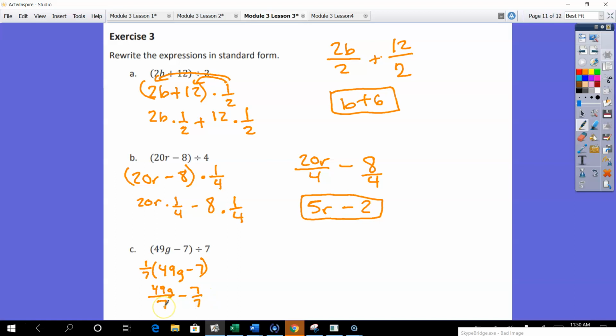So 49g divided by 7, or 49 divided by 7 is 7g, sorry, minus 7 over 7 is 1. So 7g minus 1.